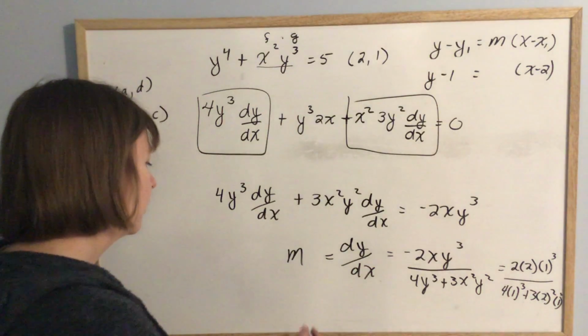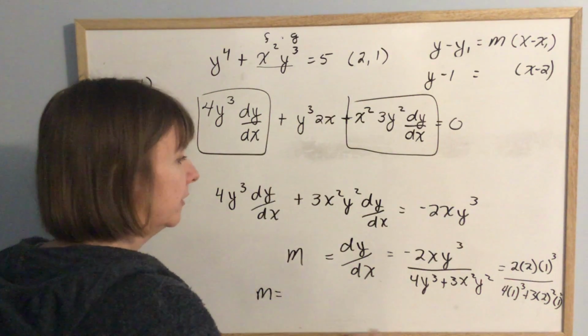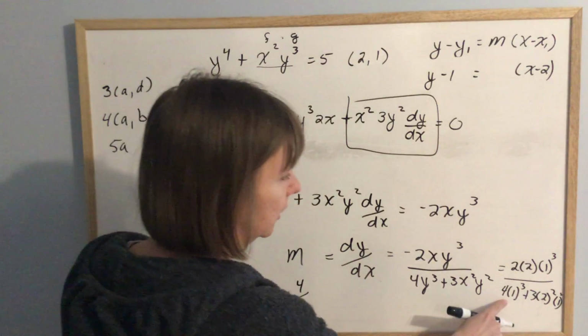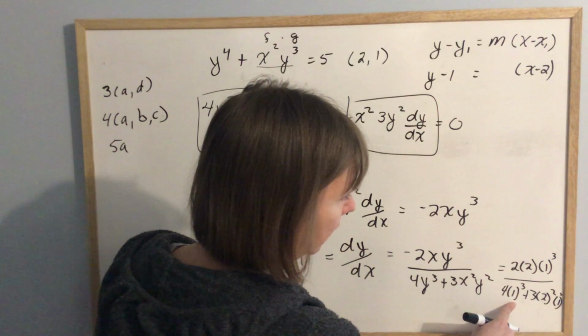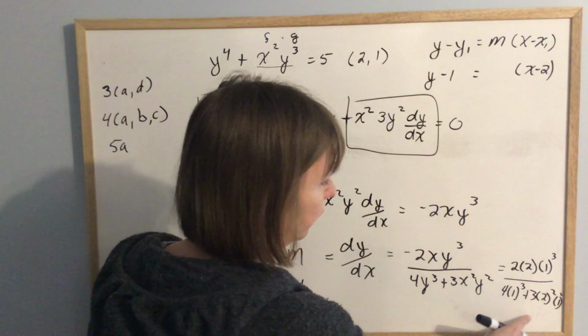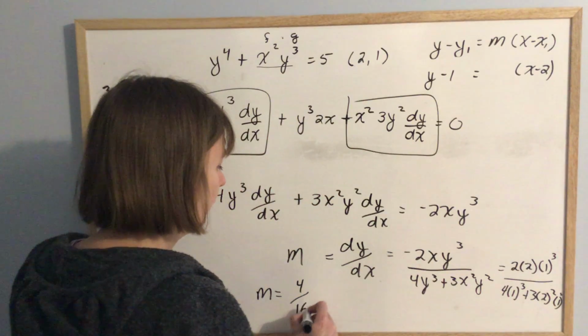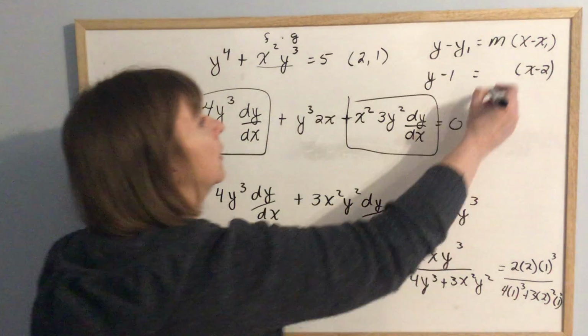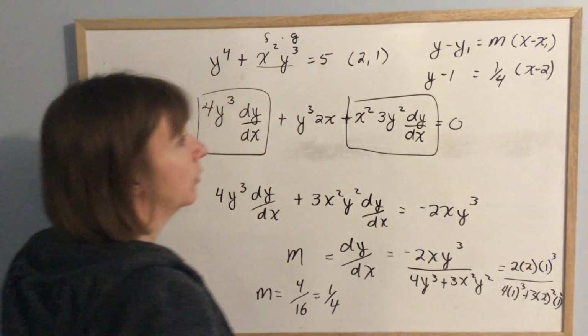I probably know the answer to that. And so this is 4 over, this would be 4. 2 squared is 4 times 3 is 12, 12 plus 4. So this would be 4 over 16, which reduces to 1/4. So my slope is 1/4.